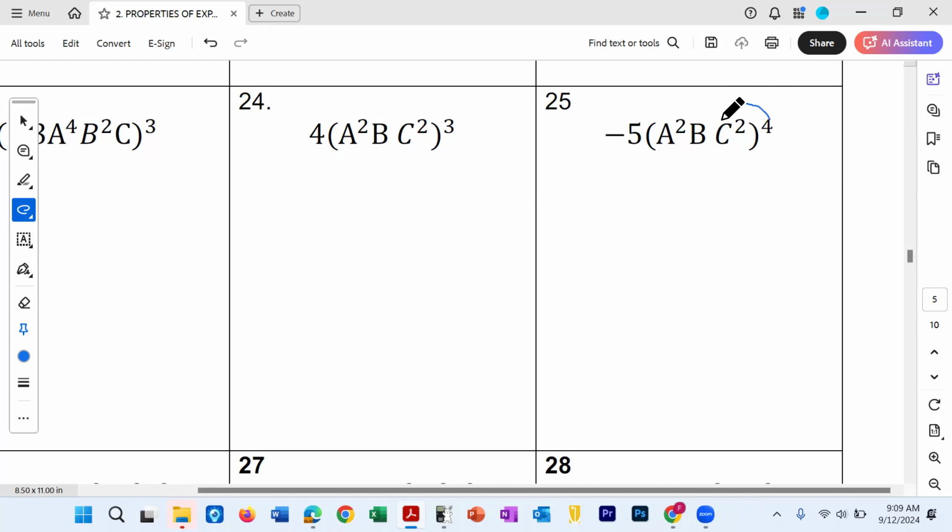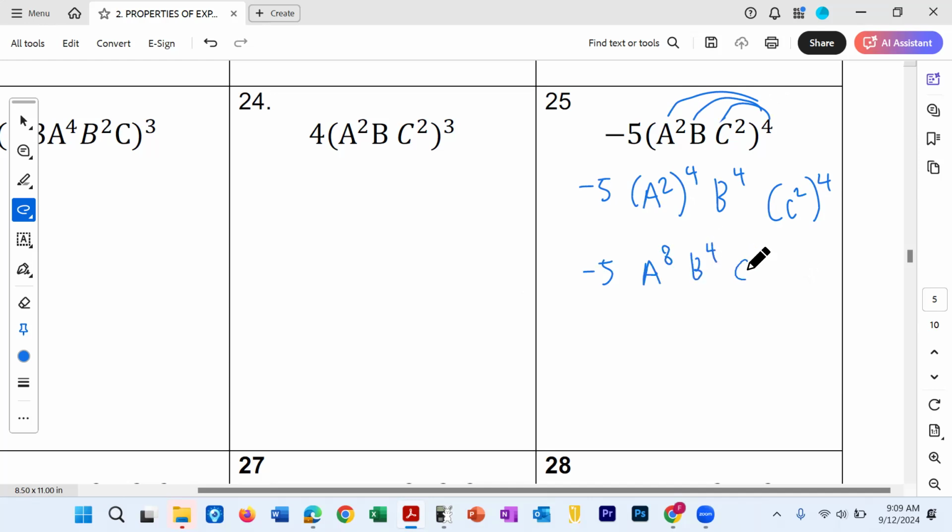So the 4 applies here, here, and here. So I'm going to keep -5 here. Then I'm going to have a squared to the 4th power. Then I'm going to have b to the 4th power. And I'm going to have c squared to the 4th power. So this is going to become -5, a to the 8th, b to the 4th, and c to the 8th.